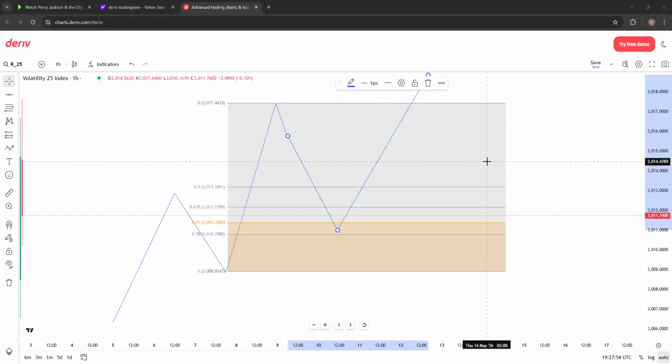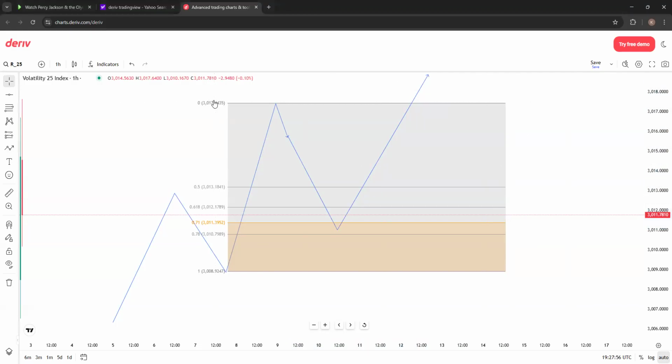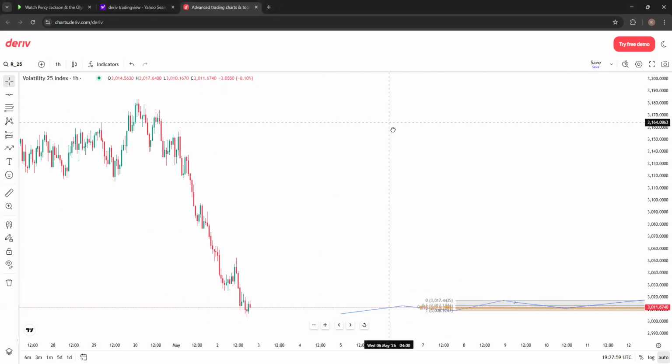Let me type this down for you so that you also put it on your notepad. You might want to write this down. So when we do our analysis in, let's say, H4, our entries should be in M15.